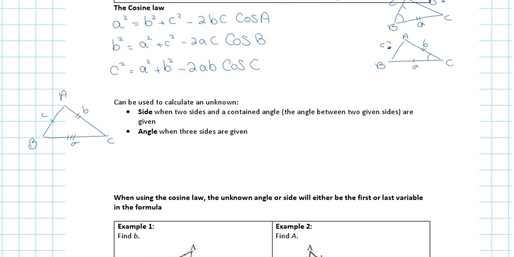If I decide, let's say, I want to solve for angle A, I can rearrange the first formula, A squared equals B squared plus C squared minus 2BC cos A. I can rearrange this to solve for the angle.